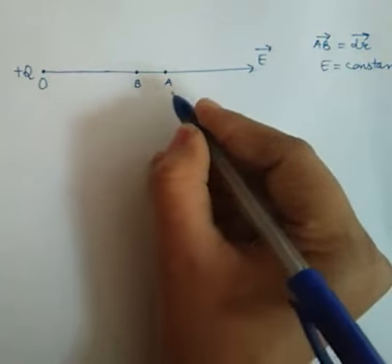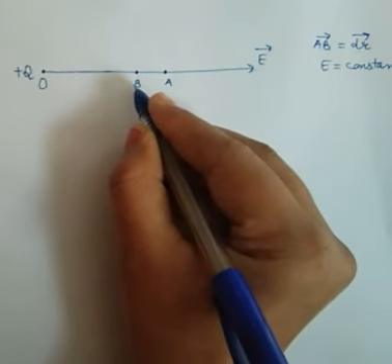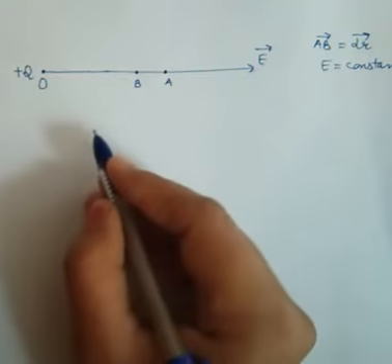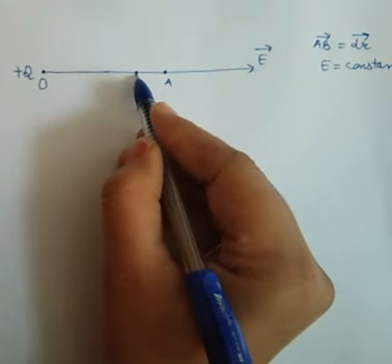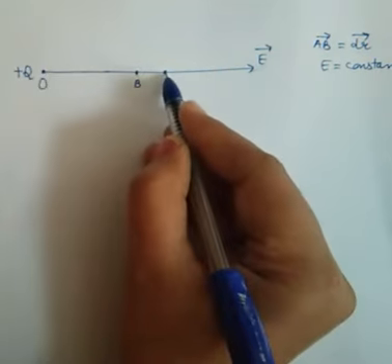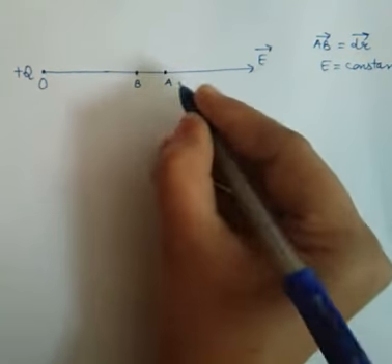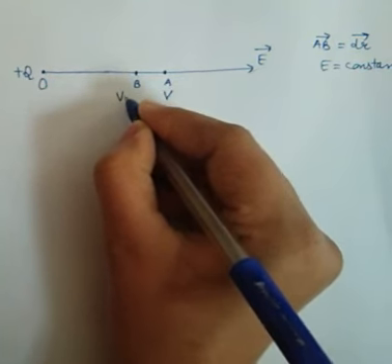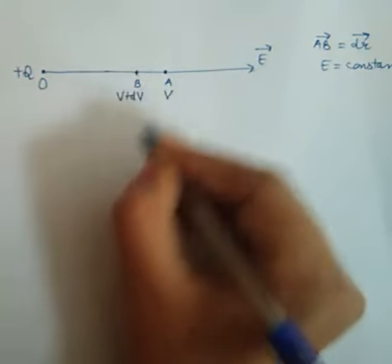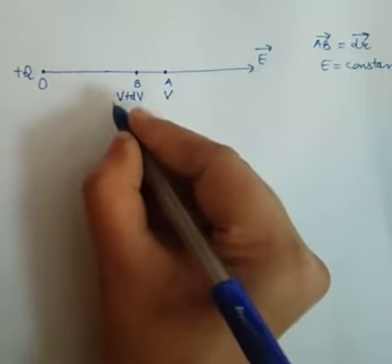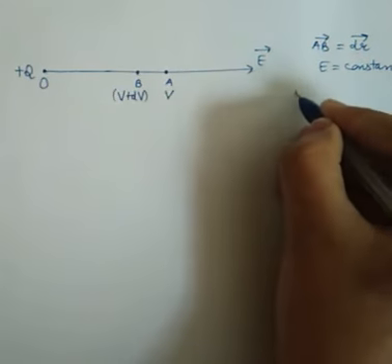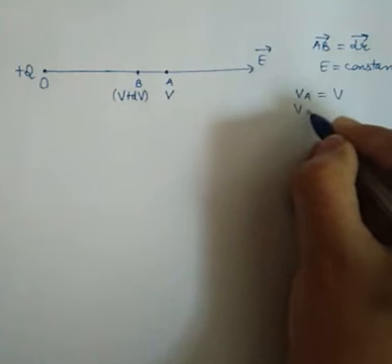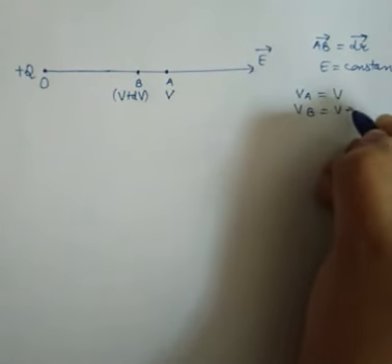Let us suppose out of A and B, we have to find out the value of potential. Let B be closer and A, by comparison, farther. So V is the potential at A and V plus dV is the potential at B. I have taken VA, the potential at A, as V, and the potential at B as V plus dV.